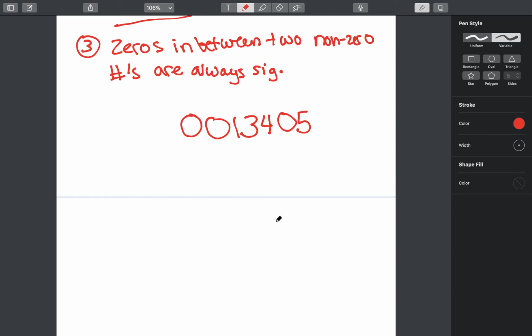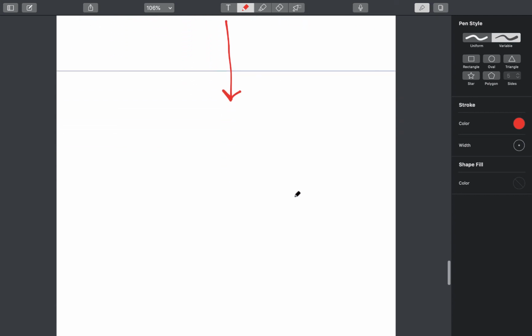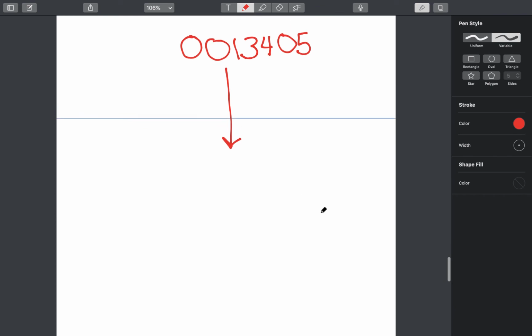Why? Well, it's actually because we can translate this into scientific notation, right? So if we translate this to scientific notation, this is around 13,000, right? So it'll be times 10 to the 4th.